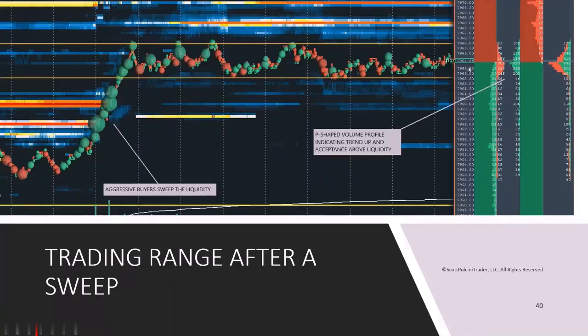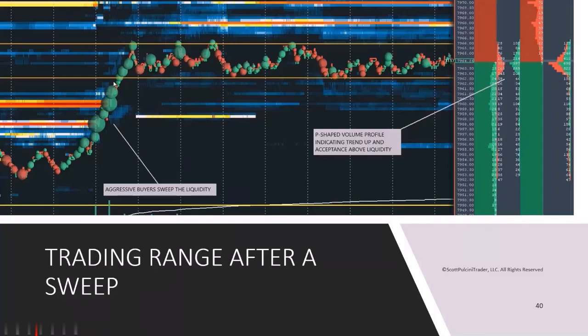So here, this is something that you see extremely often. NQ likes to trend very much, but you see the buyers sweep up and take this liquidity, and you're going to look at the volume profile over here.